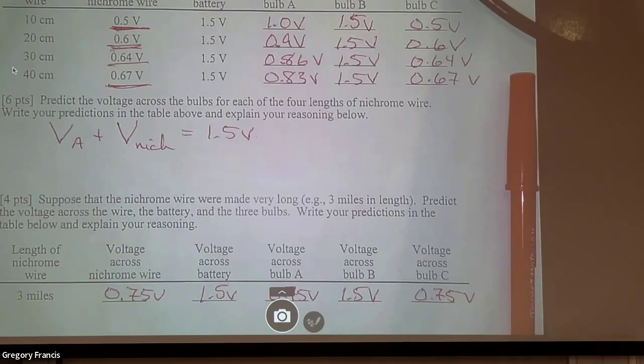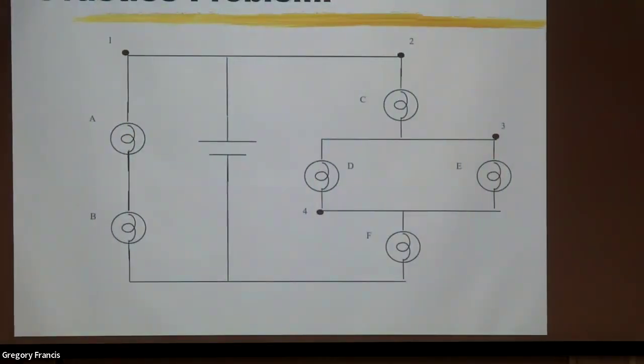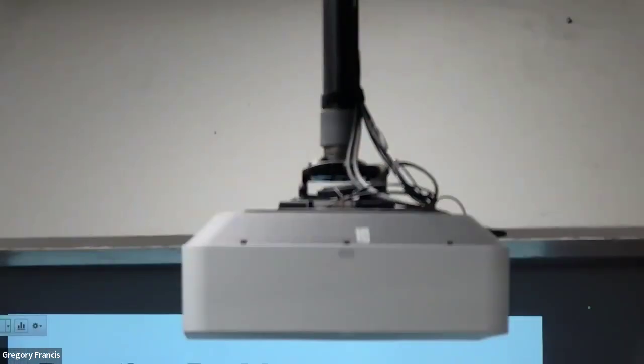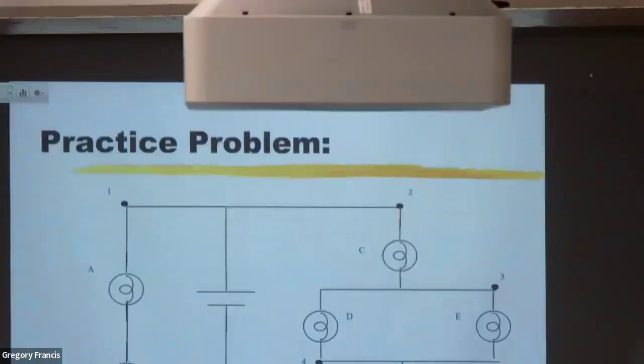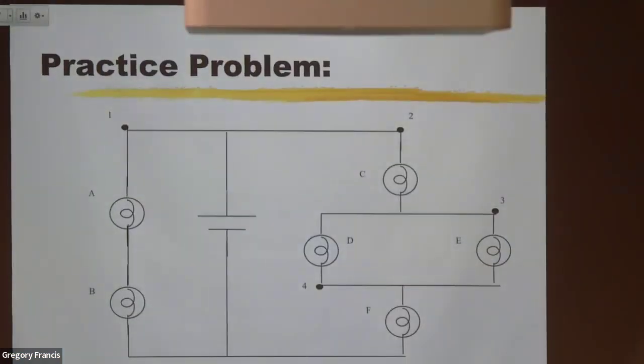Okay. Let's move on to another problem. And this is another handout, so I'm gonna need the helpers again. Thank you. Who have I got over here?